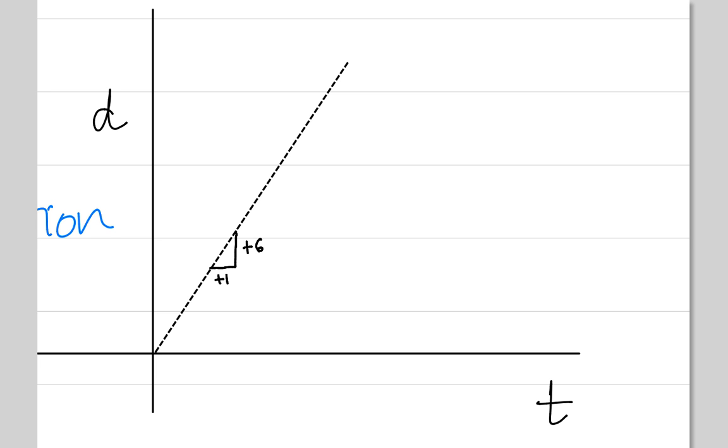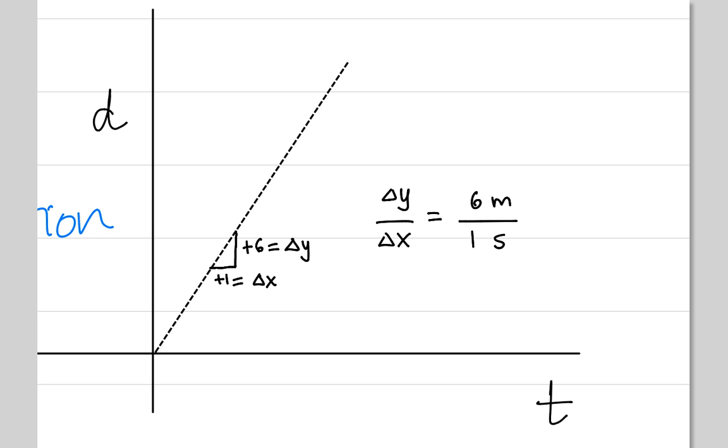Okay? Change in distance is 6 meters. Change in time is 1 second. Delta y over delta x equals 6 meters for every 1 second.